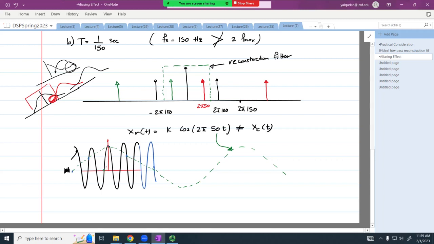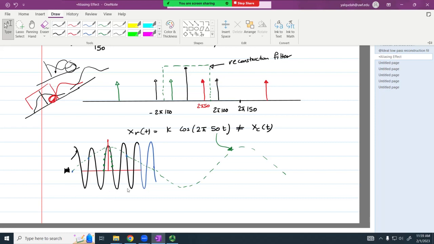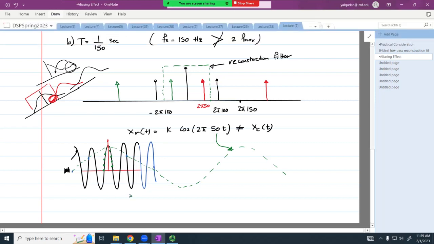I have to take a sample here, here, here, here, here. The sample time is going to be very small. If I made my sampling time this big, then MATLAB is going to generate the sinusoidal signal, but with the wrong frequency.